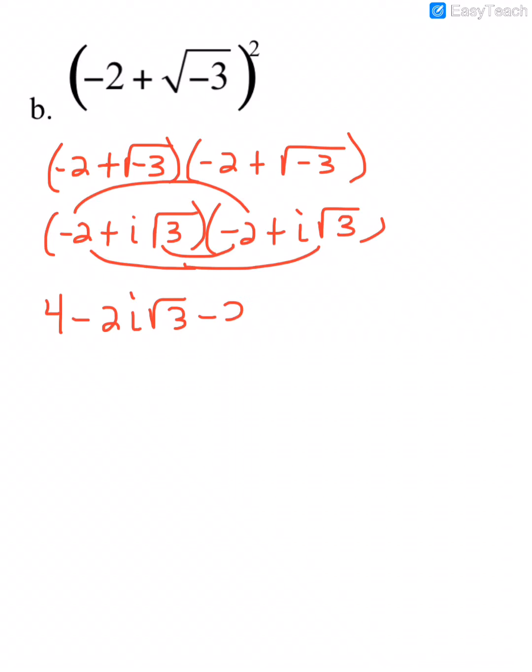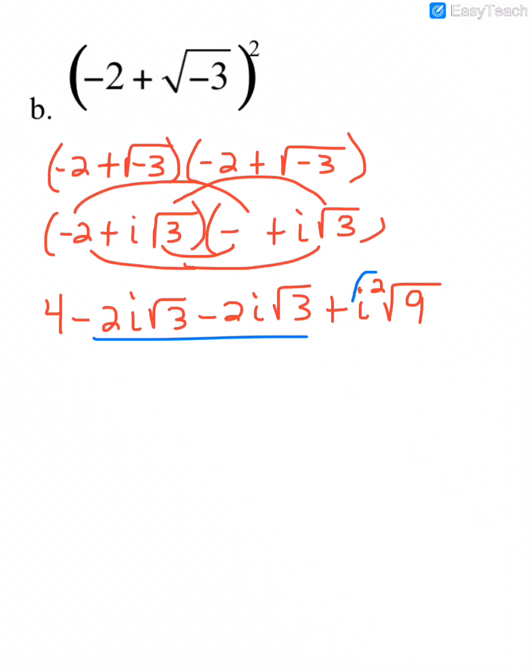Again, we have a negative 2i square root 3. And the last two, when I multiply those, that gives me an i squared and the square root of 9. Okay, let's simplify this. I'm going to combine these like terms, change this to a negative 1, and we know that this equals 3.